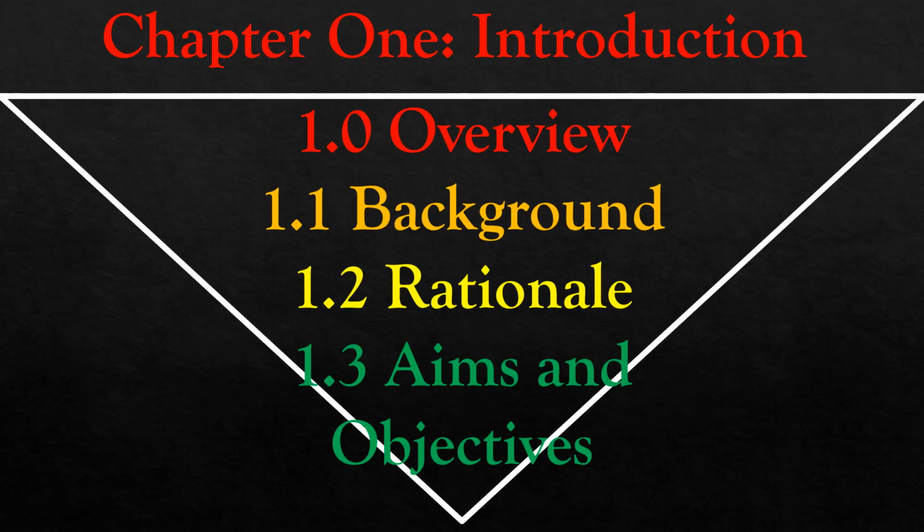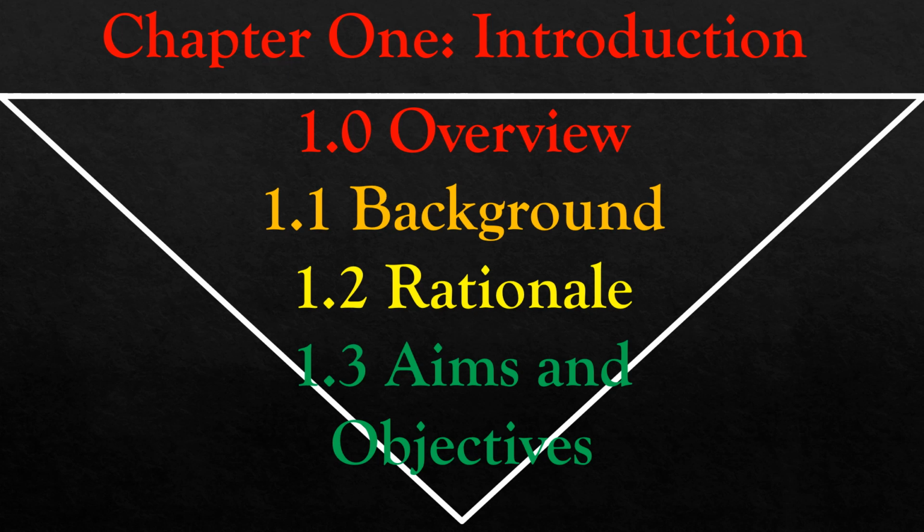Your chapter 1 should essentially consist of 4 sections, the first of which is an overview of your entire dissertation. This will be followed by your background. It's very, very important that you give background and context to your research. This will be followed by a rationale.